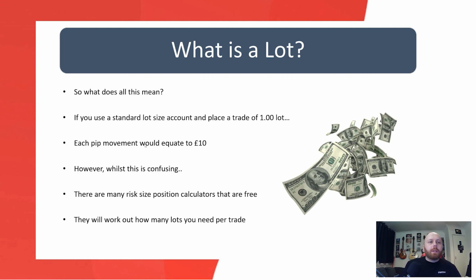You put these details into a risk size calculator, which we'll cover off in the second video, in part 2, and it will say to you, for you to risk £10 with a trade you want to take, use 0.02 lots. So with confidence then, you can enter a trade for 0.02 lots, and you know you're not going to over leverage yourself, and you know you're not going to lose too much money.